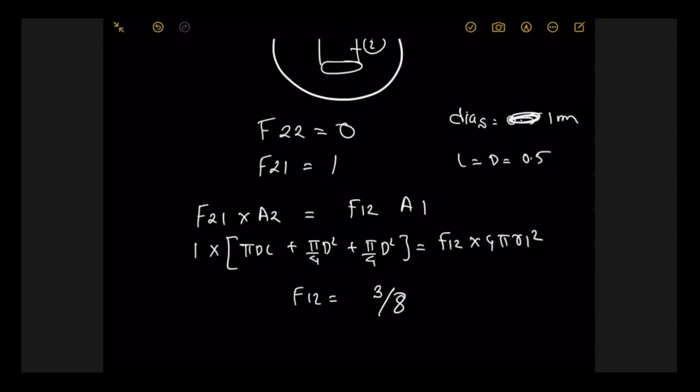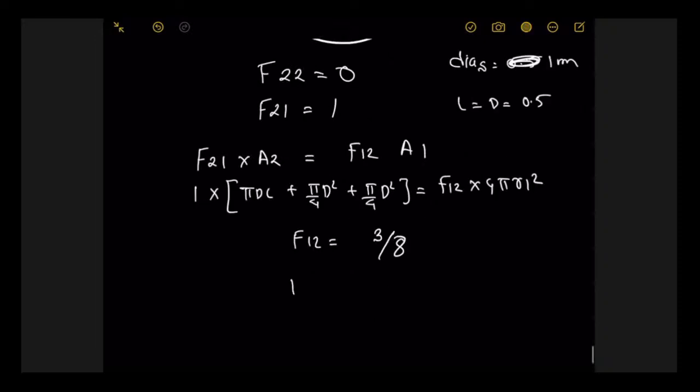So now F12 is 3 by 8. So you can calculate F11. It is equal to 1 minus 3 by 8, which is equal to 5 by 8.